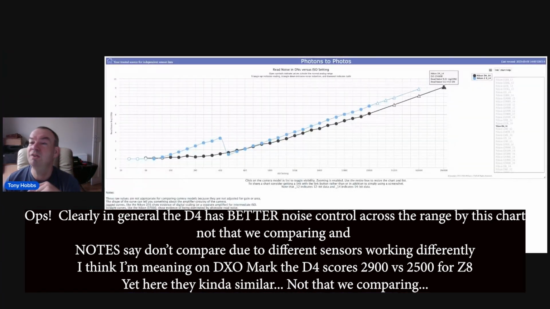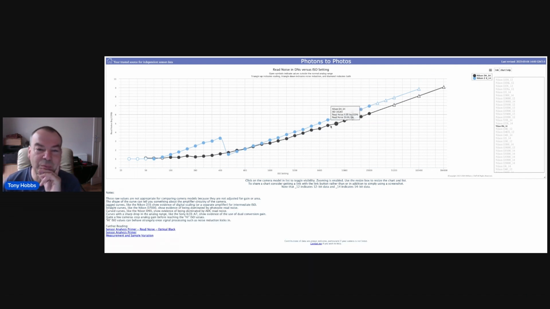And then when you look at this, the D4 is not as good. So they must be measuring them doing something different. But it is surprising how good the D4 is, 10 years on or whatever it is, compared to the Z8. Obviously, you've got a lot of different megapixels and things like that.